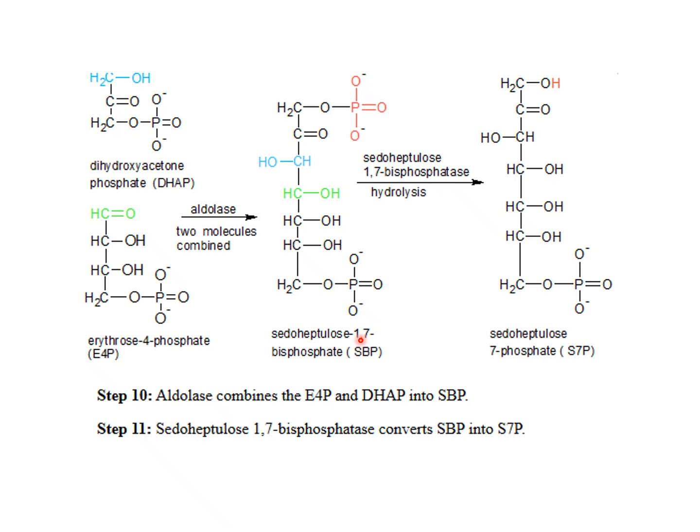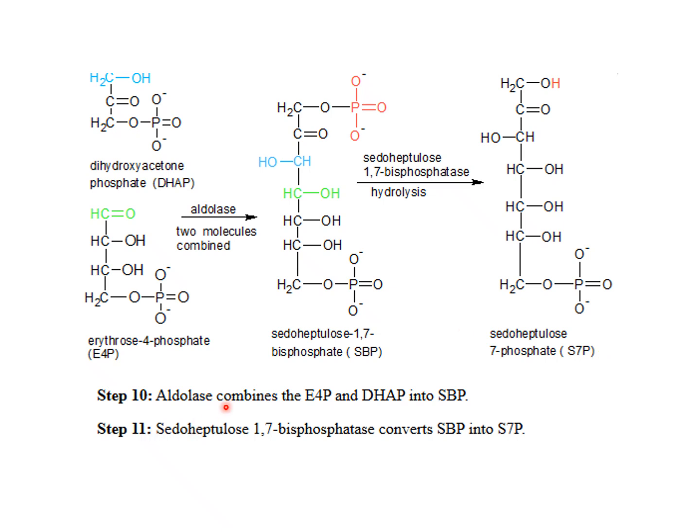Okay, so remember, in the initial time we produced 2 DHAP, 1 DHAP merges with erythrose 4-phosphate, a reaction catalyzed by the aldolase enzyme, and we are forming sedoheptulose 1,7-bisphosphate, SBP. As soon as SBP is formed, it is dephosphorylated by a phosphatase into sedoheptulose 7-phosphate, S7P.